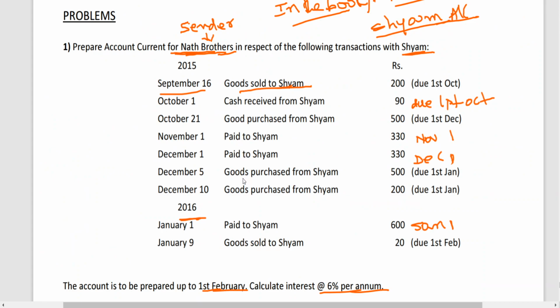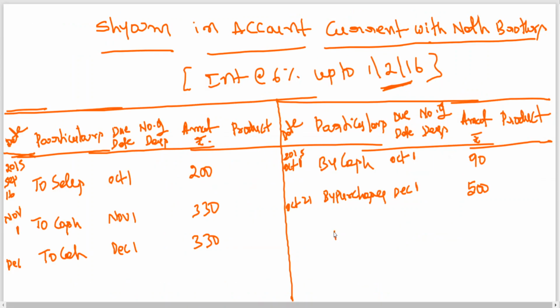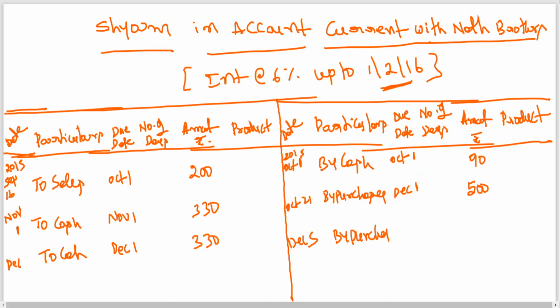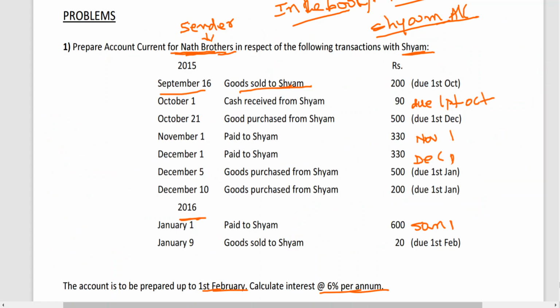Goods purchased from Shyam. Buy purchases. December 5th, 500 rupees, due date January 1st, 500 rupees.